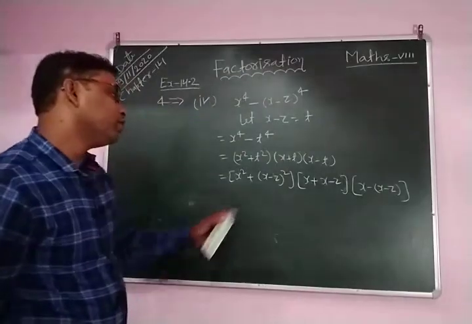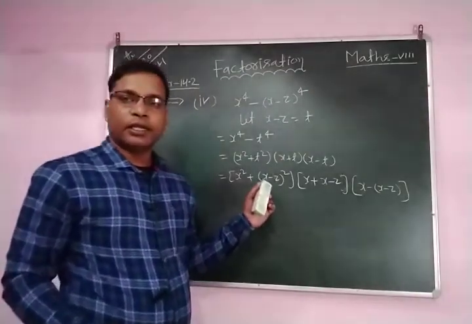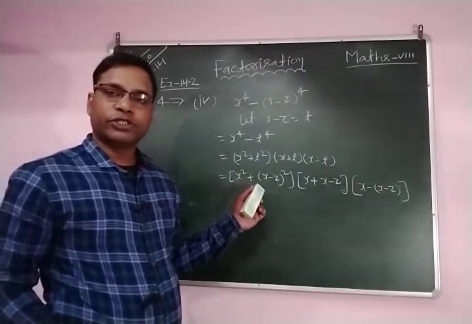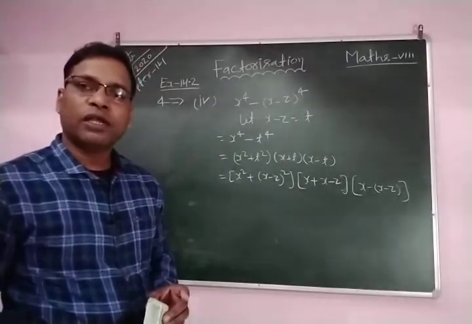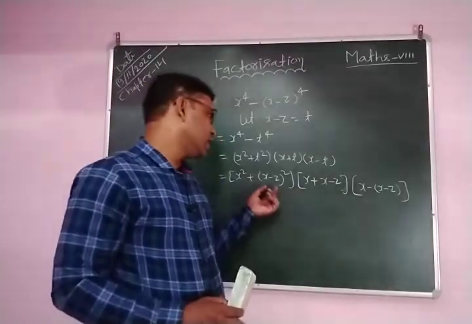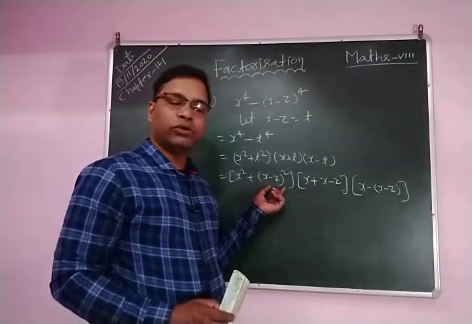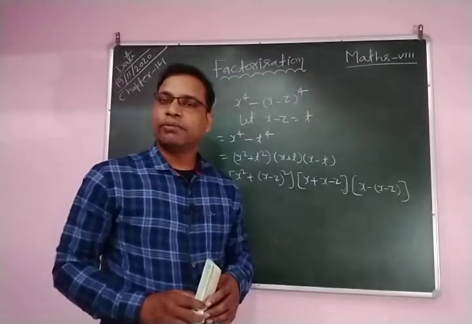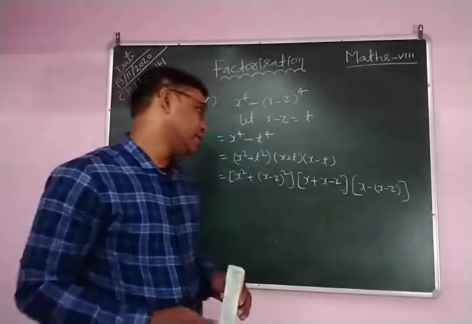Clear? When you open this bracket, this is the form of the whole square of a minus b, which is equal to a square plus b square minus 2ab. So according to the second identity, you can express the whole square of x minus z as x square plus z square minus 2xz. Okay?